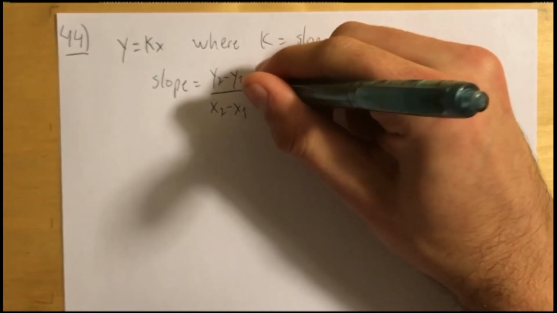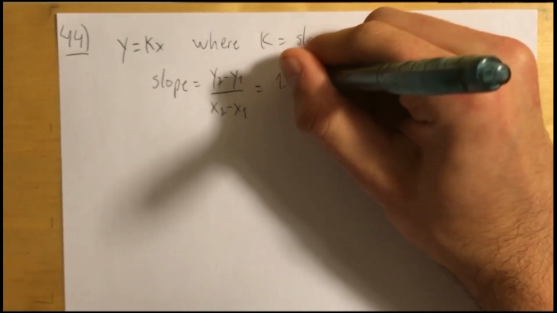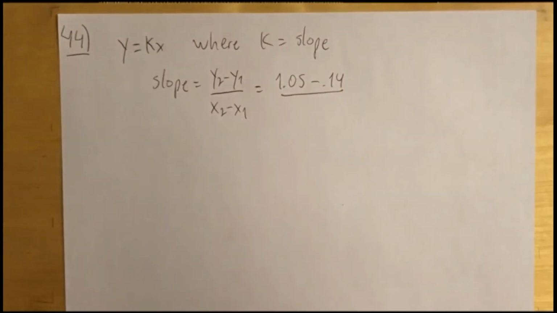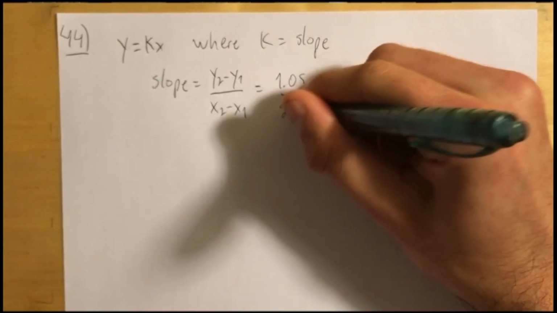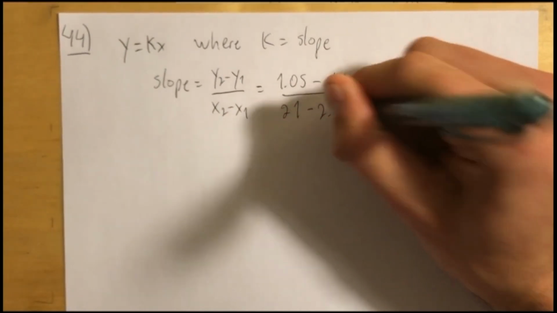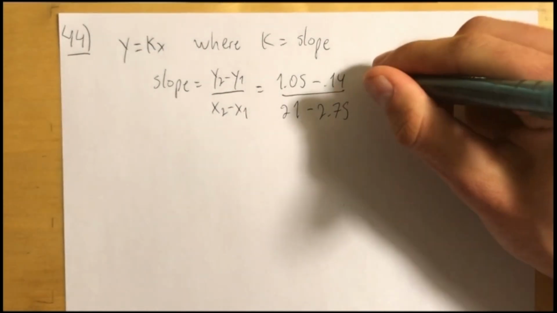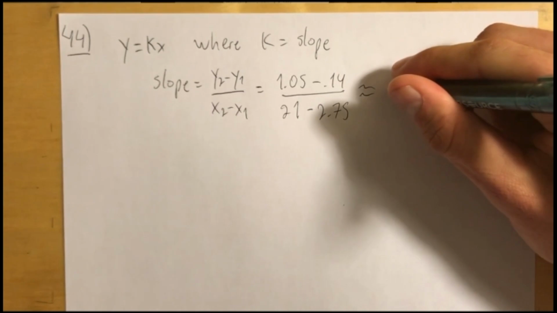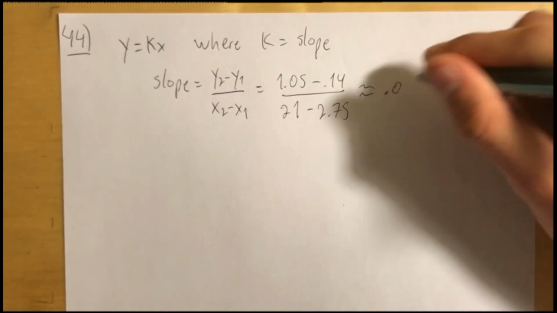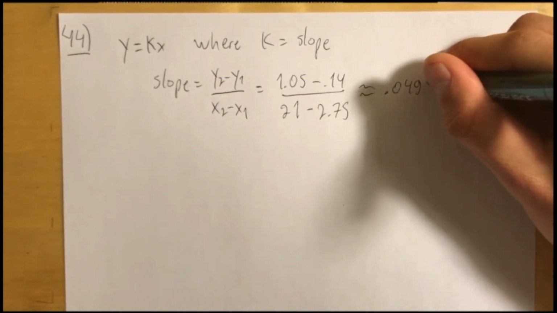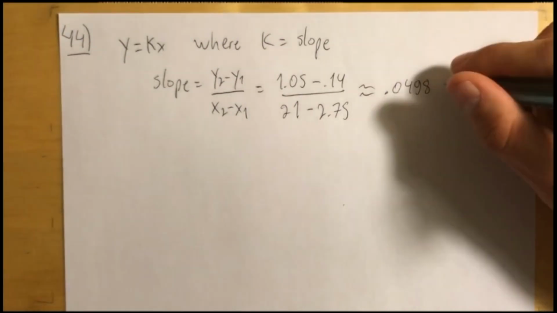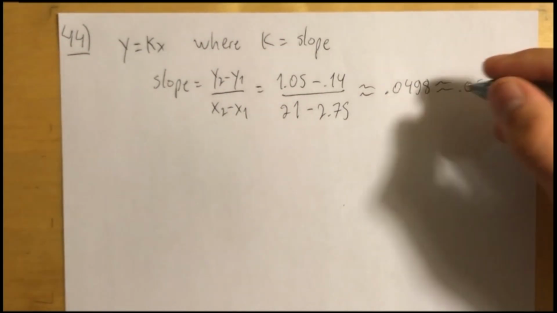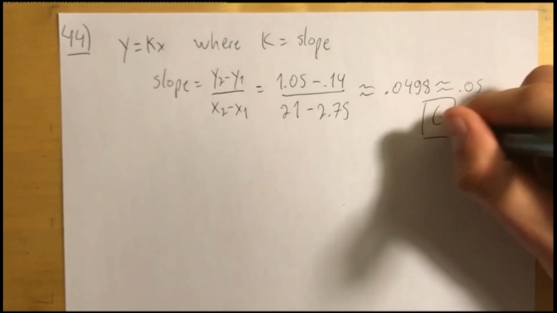So then we're going to get 1.05 minus 0.14 over 21 minus 2.75. And after you solve that on your calculator, that is going to be pretty close to 0.0498, which is very close to 0.05. So then the answer is G.